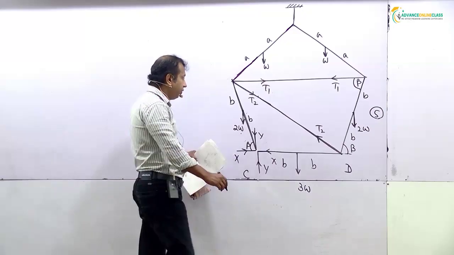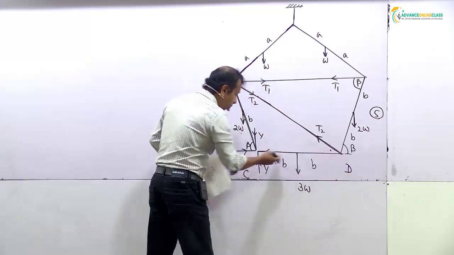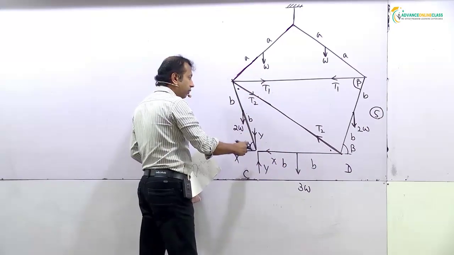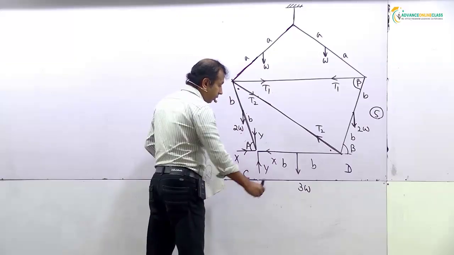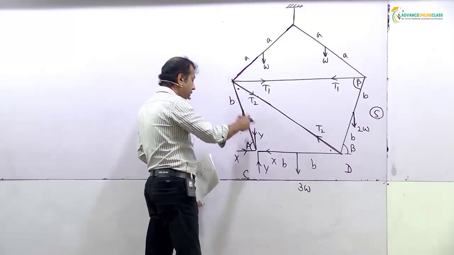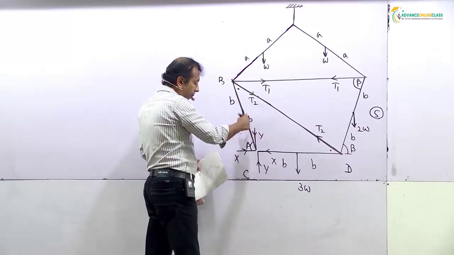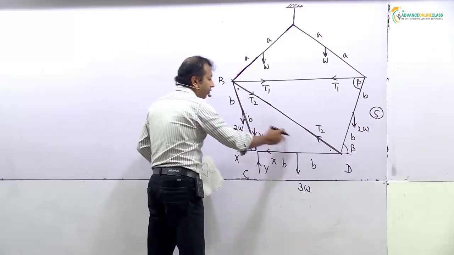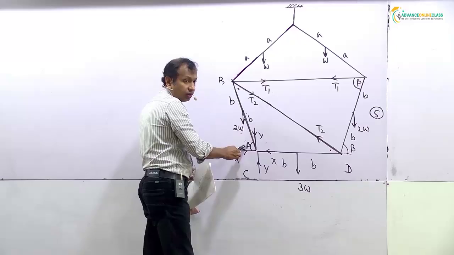You know this angle and this angle are equal, no? Because this is 2B, this is 2B. Then this angle and this angle are equal. This is CD and this is BC, and BC and CD are equal. Therefore, this angle is equal. But their sum should be equal to beta.